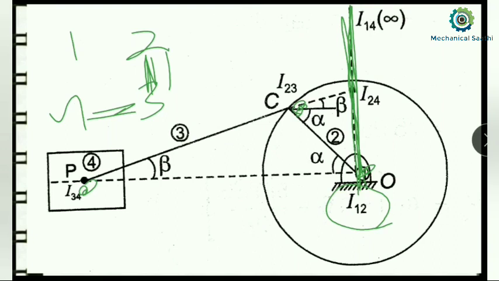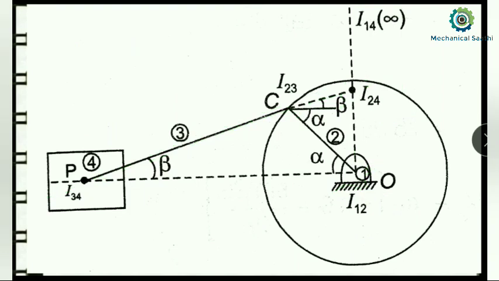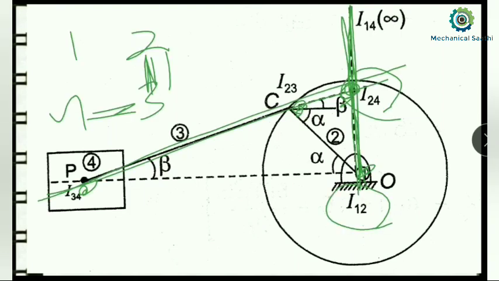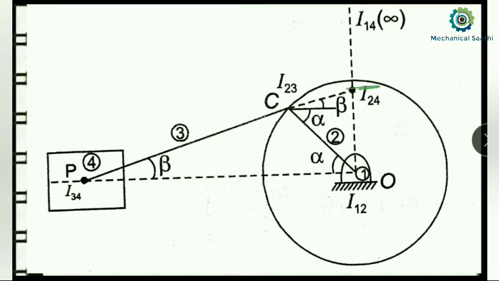Then by connecting these 2 points, I'll get a straight line like this. So the intersection point of these two lines will be somewhat here, so I can say I24 will be somewhere here.